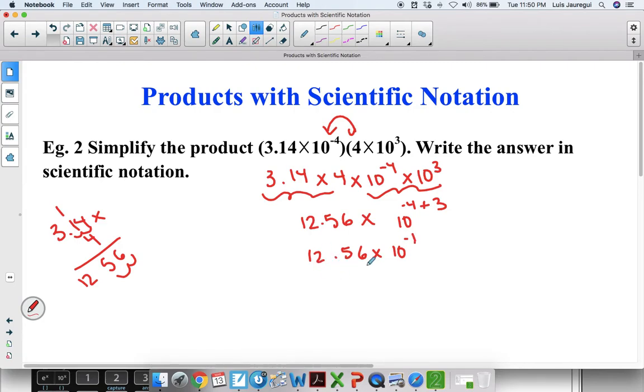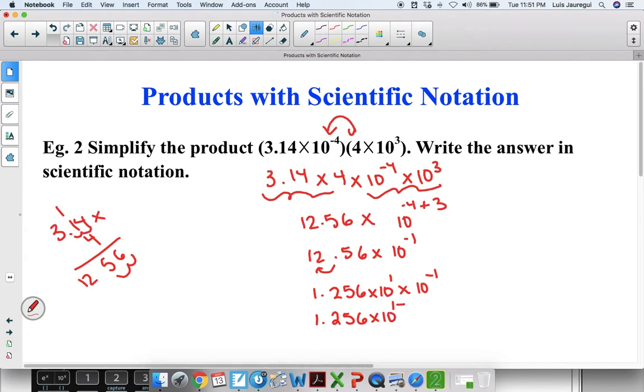However, notice that this number is still in decimal notation, not scientific. Why? Because this number is not between 1 and 10. So we're going to move the decimal point once here, and we get 1.256 times 10 to the first times 10 to the negative 1. Again, this is 1.256 times, we're going to keep the base and add the exponents.